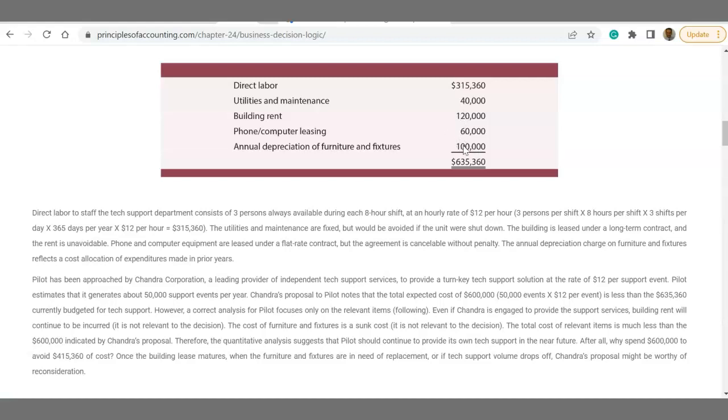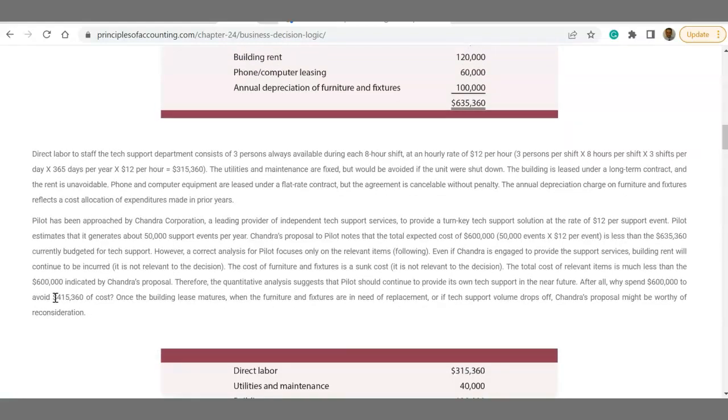Also, phone and computer leasing, you can save that. So 40 plus 60, that's 100, plus 315, that's 415,360. That's all they can save, okay? So those are numbers that are important and relevant in this mathematical calculation.